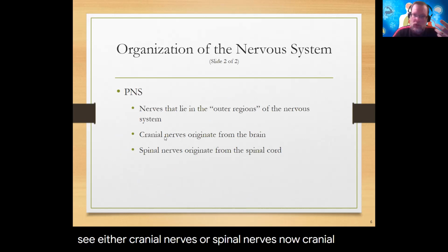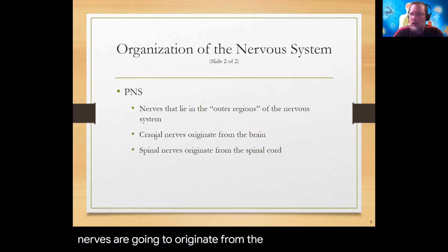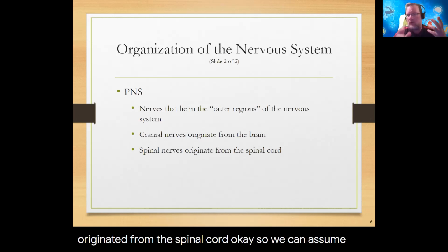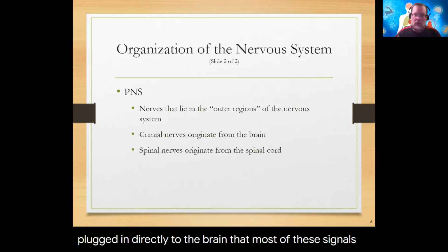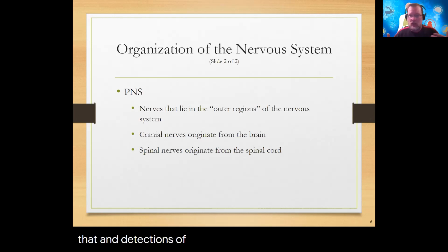Now, cranial nerves are going to originate from the brain, hence the term cranial. Spinal nerves are going to be nerves that originate from the spinal cord. Okay, so we can assume for the most part that if it's a nerve from the cranium that's plugged in directly to the brain, most of these signals and detections of change, and most of the responses to those changes, are going to be focused on things that go on in the cranium or around the cranium.